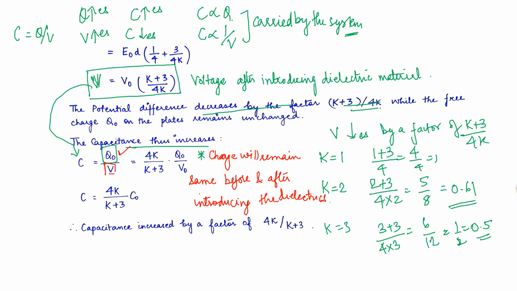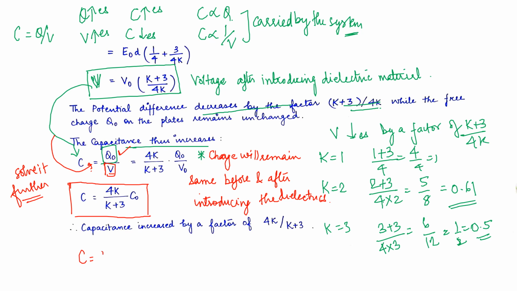V's value we get from the earlier equation, and then we solve further to get the new capacitance equals 4K by K plus 3 times the old capacitance.